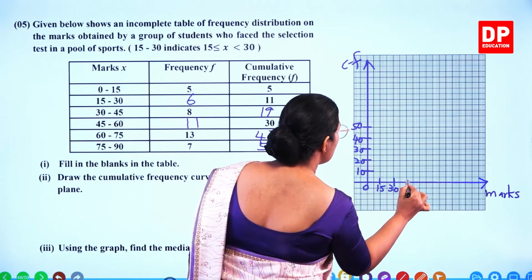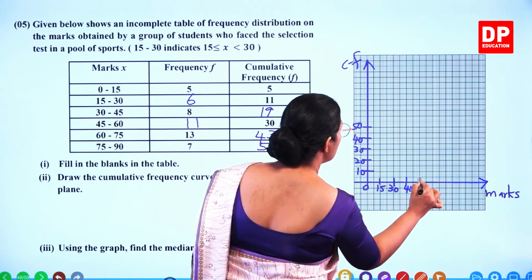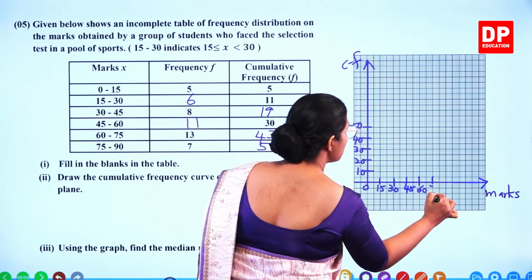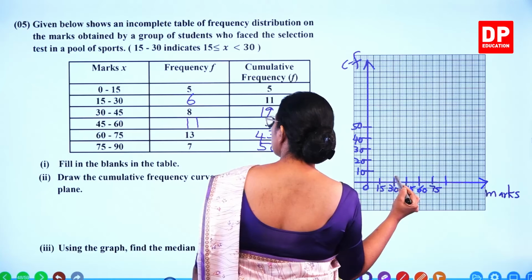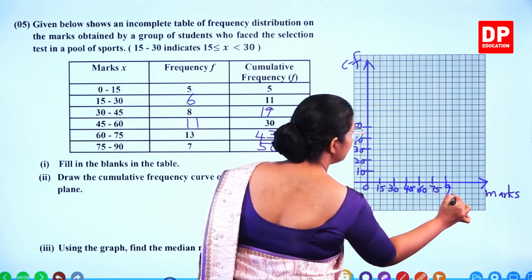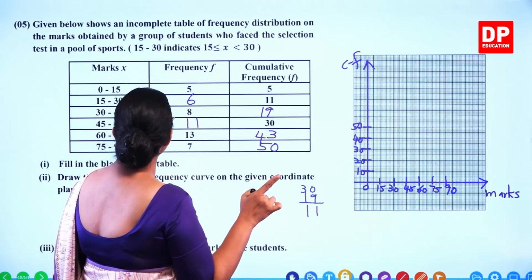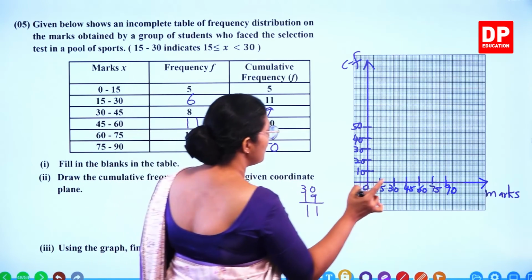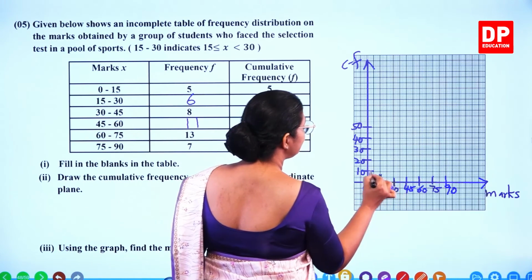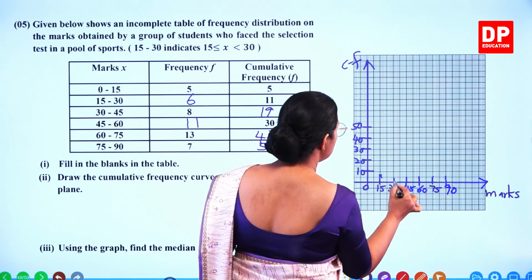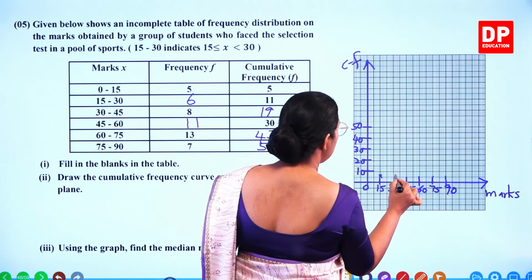30, 45, then 60, 75 and 90. Now we'll mark the highest value. Highest boundary 15 with 5. 30 with 11.